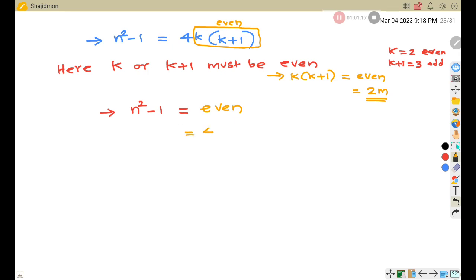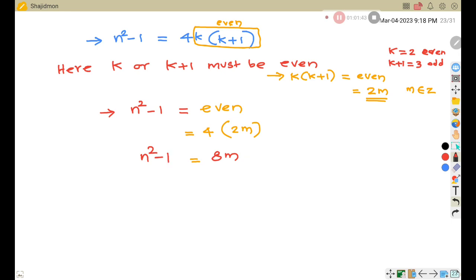Equal to 4 times an even number means 2m, correct. 4 multiply 2m. Hope you understood. This is even. Even means we can write 2m where m belongs to integer. So I am just applying here 4 times 2m, correct. 4 multiply 2m means how much we got? 8m. So n square minus 1 equal to 8m, correct.